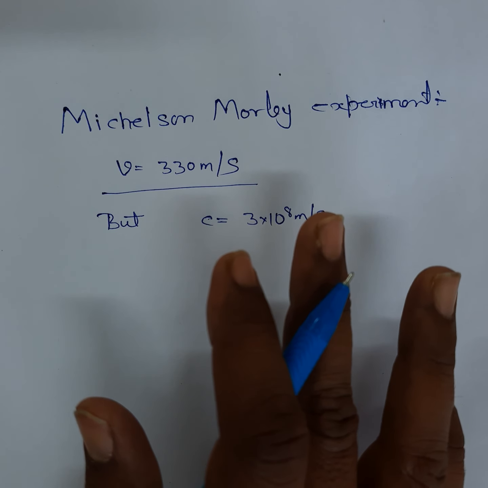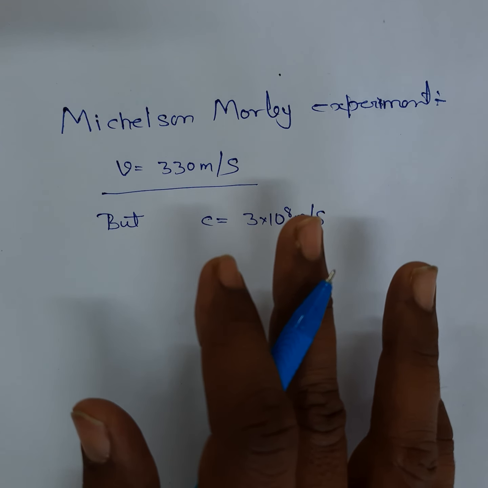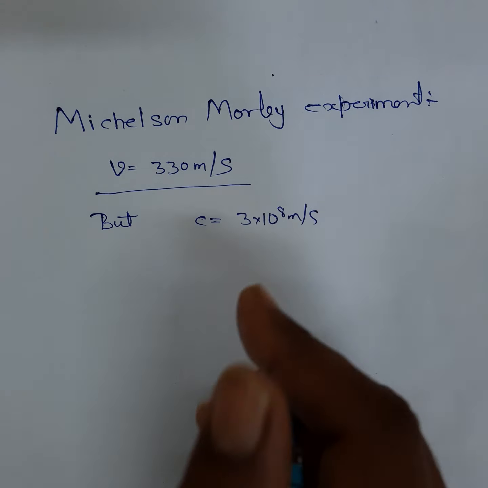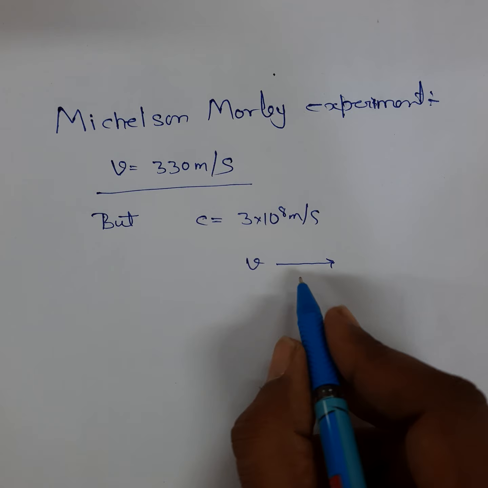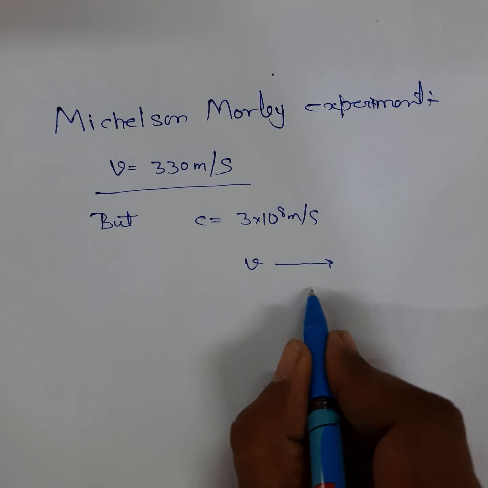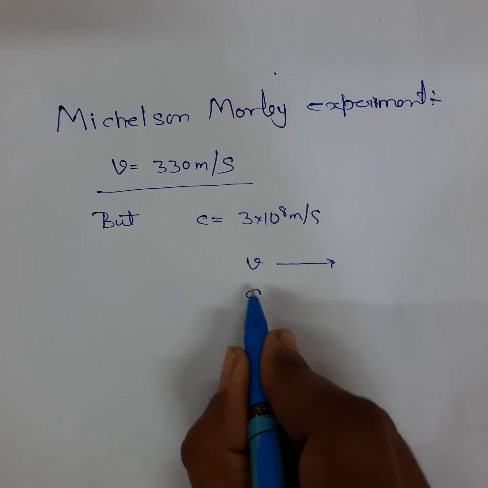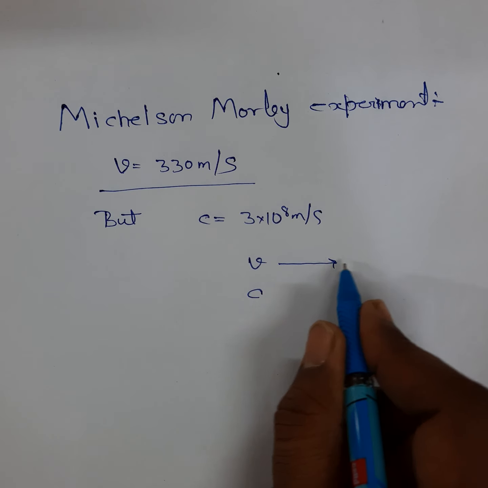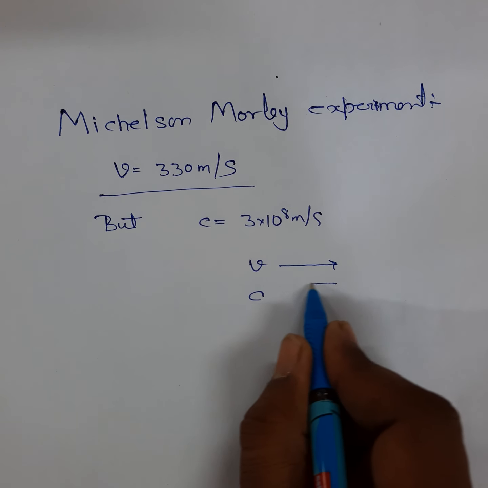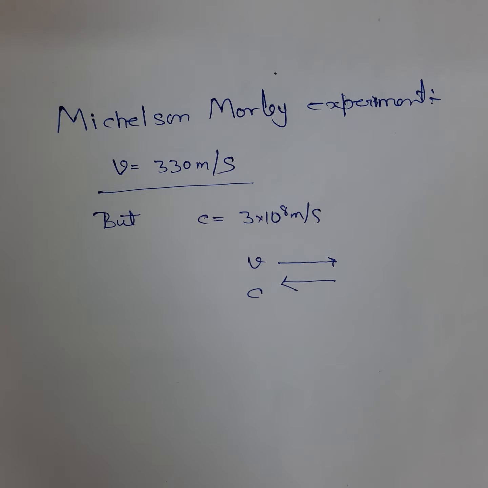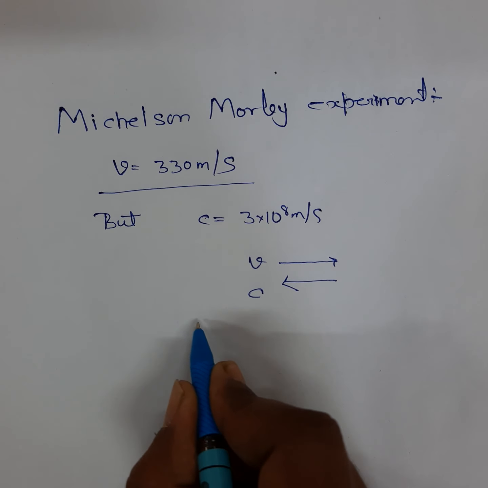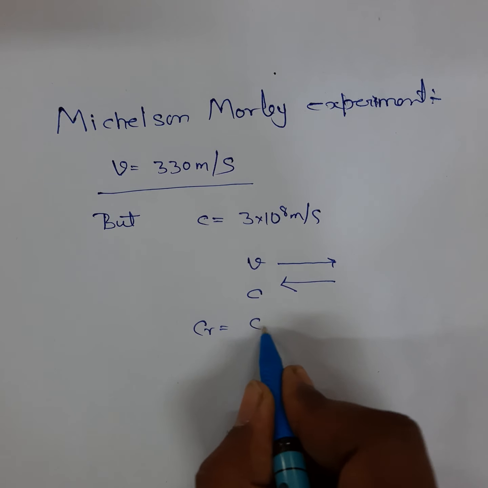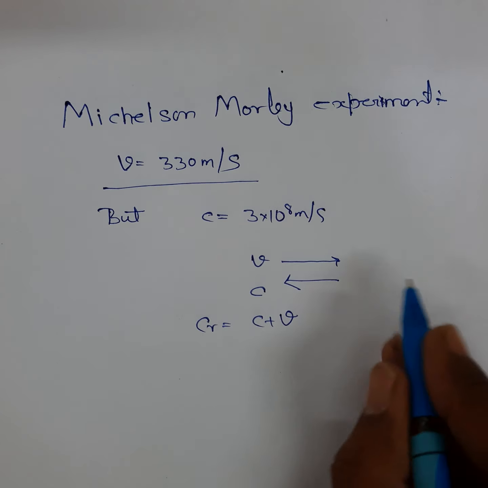If we are considering an inertial frame of reference in which an observer is moving with velocity v in the opposite direction to the velocity of light, suppose the velocity of the observer is in this direction and the velocity of light is in this direction, therefore in the frame of the observer the velocity of light will be c plus v.